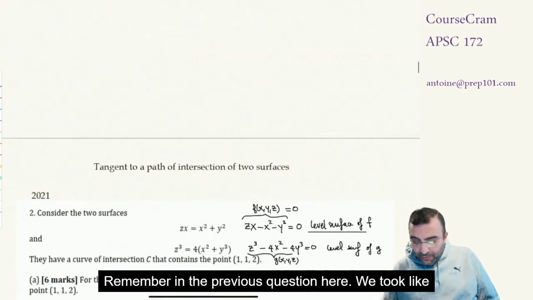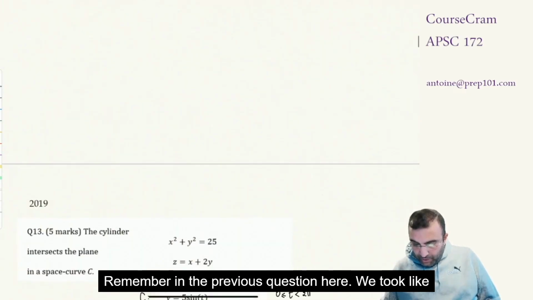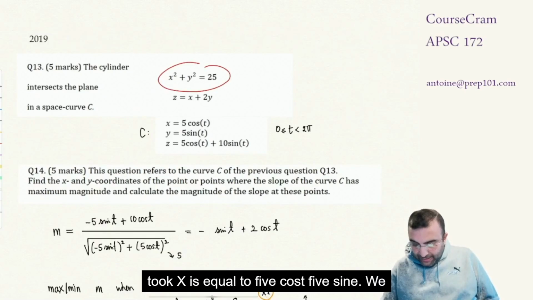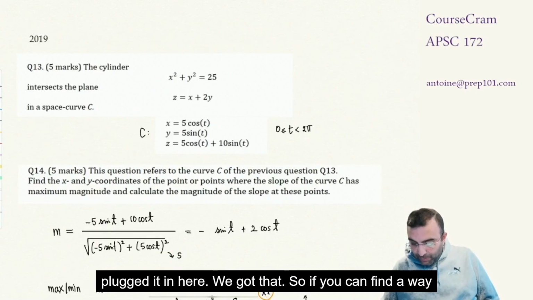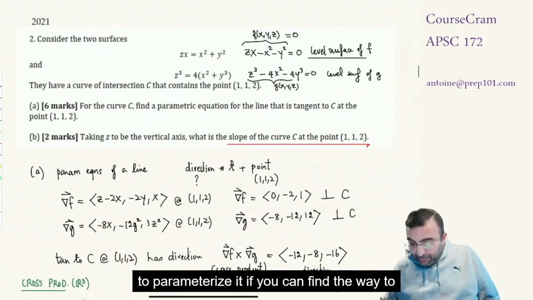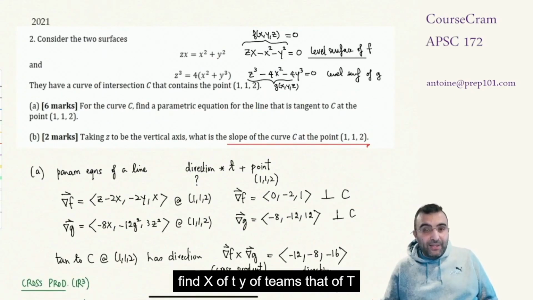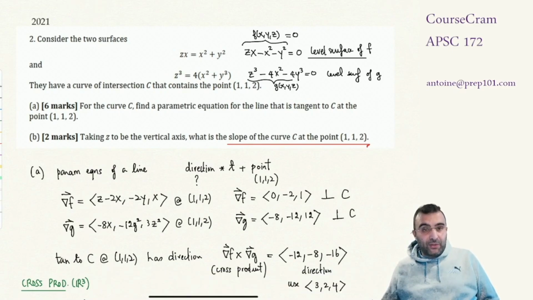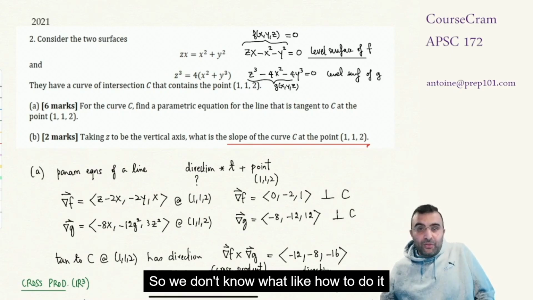Remember in the previous question, we took x is equal to 5 cos t, 5 sin t, we plugged it in here, we got z. So if you can find a way to parametrize it, if you can find x of t, y of t, and z of t here, then by all means do it, but it's incredibly difficult here. So we don't know how to do it here.